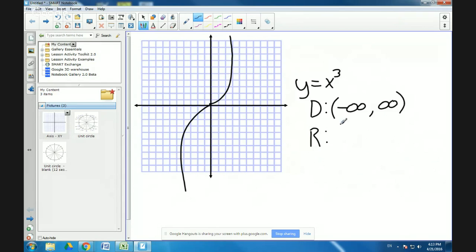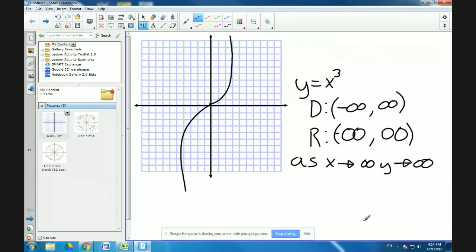The range is also negative infinity to infinity. As you can see, it goes all the way down, and it goes all the way up. So the end behavior is as x approaches infinity, y also approaches infinity. And as x approaches negative infinity, y approaches negative infinity.